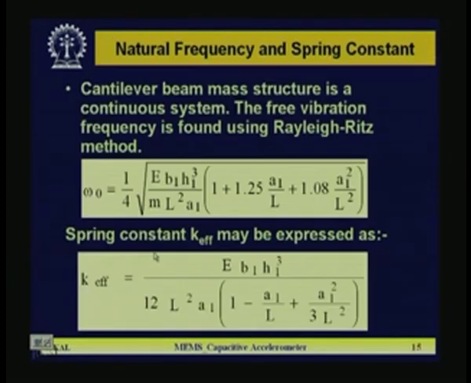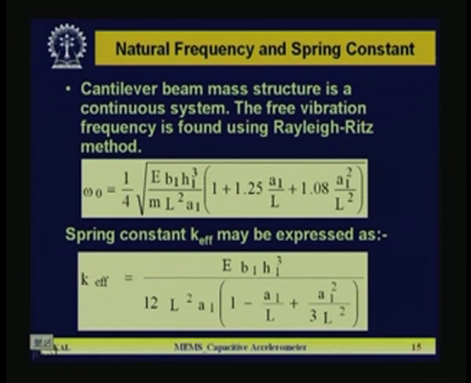Now, the cantilever beam mass structure is a continuous system. The free vibration frequency is found using the Rayleigh-Ritz method, and the whole structure has some natural frequency. That frequency depends on the dimensions of the structure, thickness, mass, and the area, that means length and breadth, and modulus of elasticity.